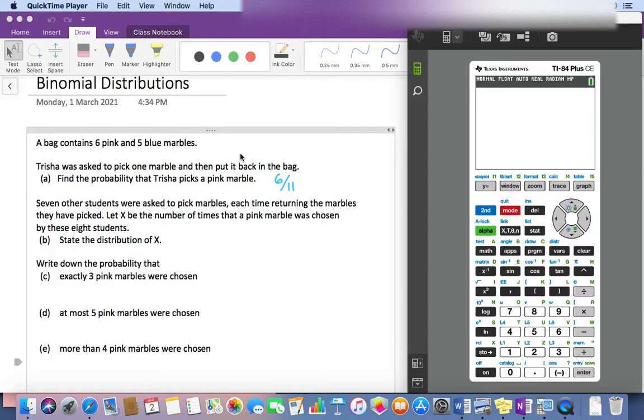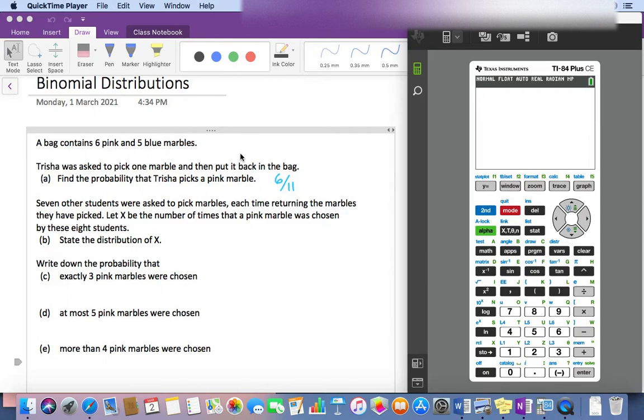We want to state the distribution of X. Okay, so if we take a look at how X is defined, it's the number of times that a pink marble was chosen, which means that success could be getting a pink marble and failure is not getting a pink marble. 8 students have done this, which means that 8 could represent the number of trials that we're doing, and each student should be independent of the other, because each time one student gets a marble, it is returned. So this is what we call with replacement. Okay, so this is a perfect fit for a binomial distribution.